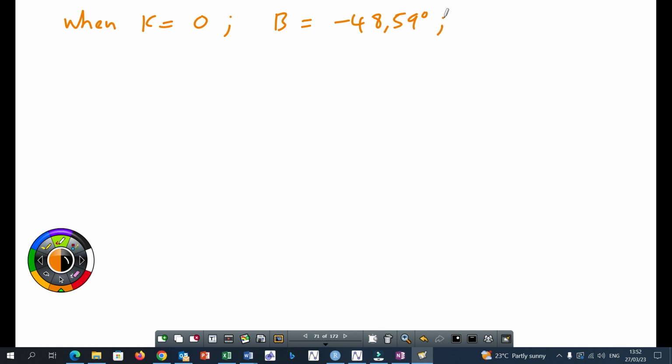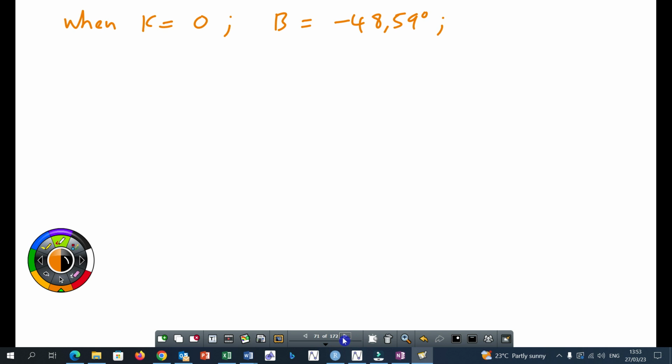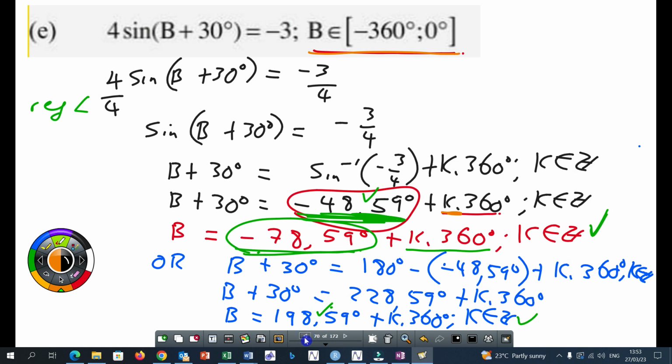For the second one, if I put K equal to 0, that's not a solution, isn't it? 198, which is positive, is not in that interval. So I don't need 198.59. Then I'll move on to K equal to 1. So when K is 1, what is B? If you substitute K equal to 1 here, you get minus 48.59 plus 360.